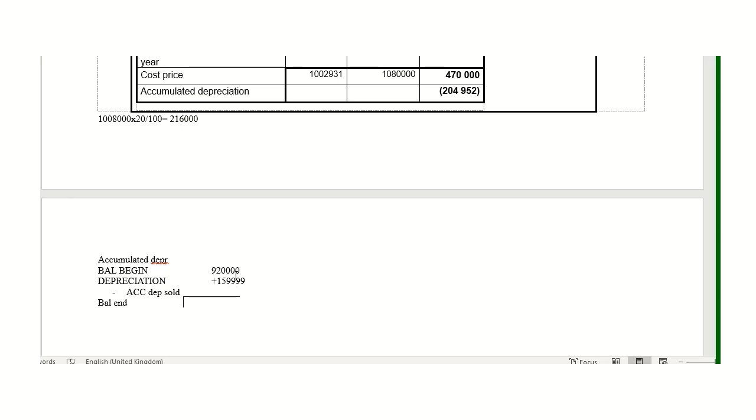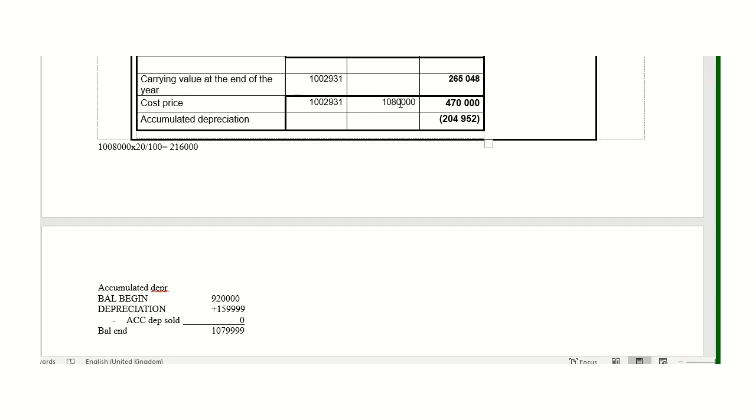It's 920 plus 159,999, and that would give me 1,079,999. So that would be my balance at the end.